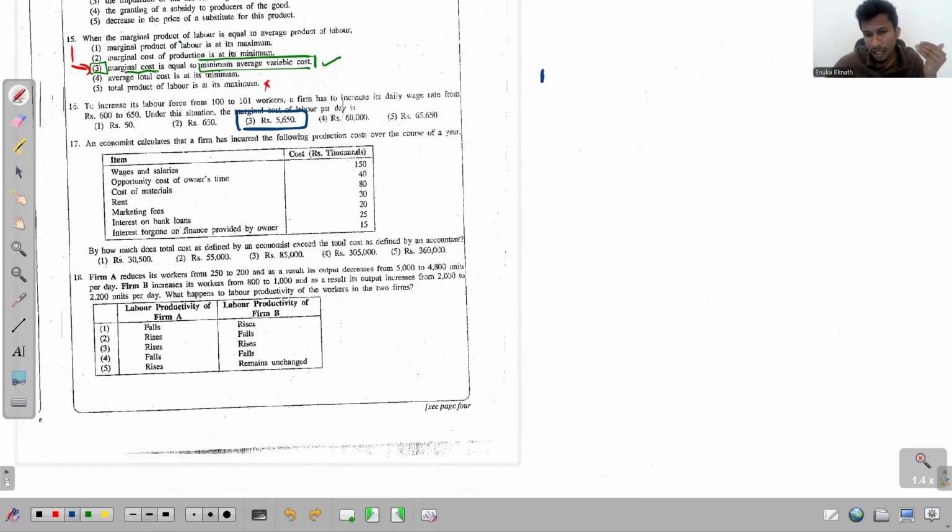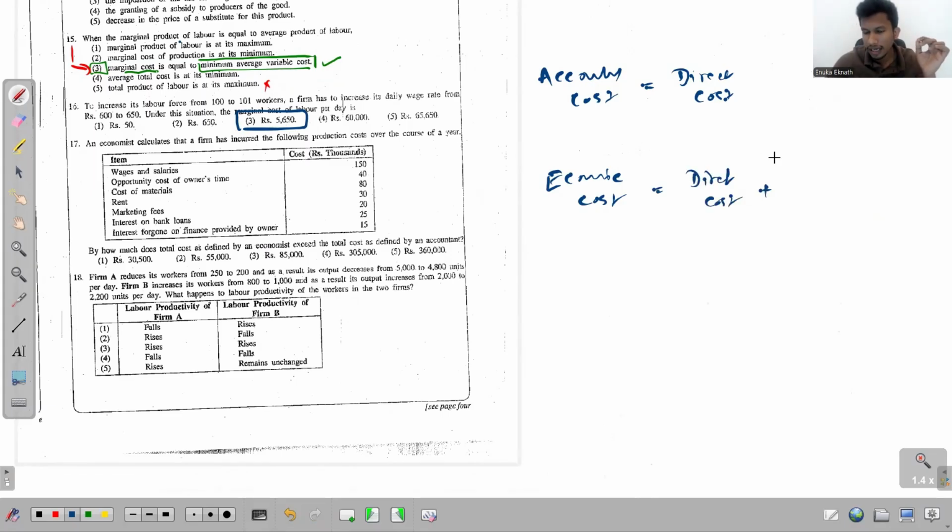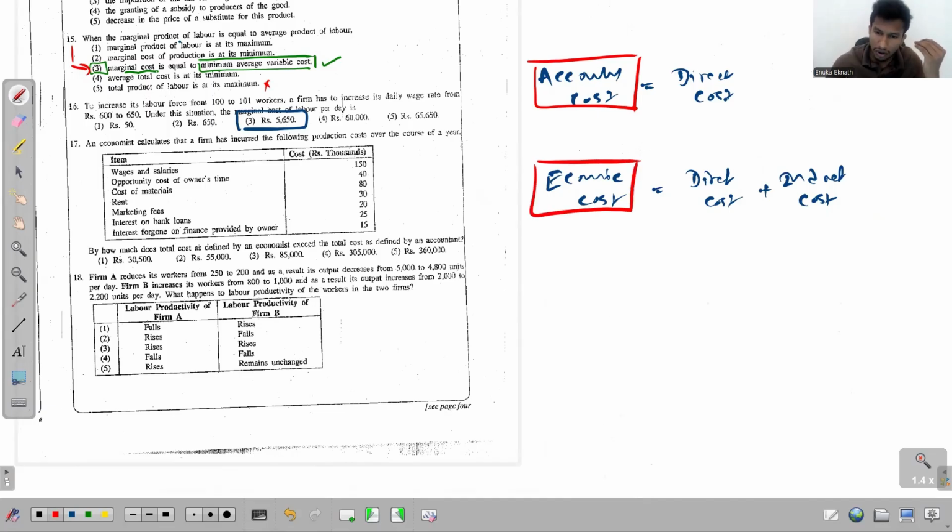So if I just write this equation, accounting cost is equal to just direct cost. But in economics, economic cost is the total of direct cost and indirect cost. Look at the difference between the accounting cost and the economic cost.